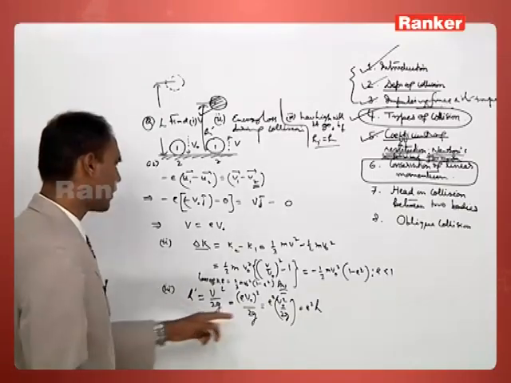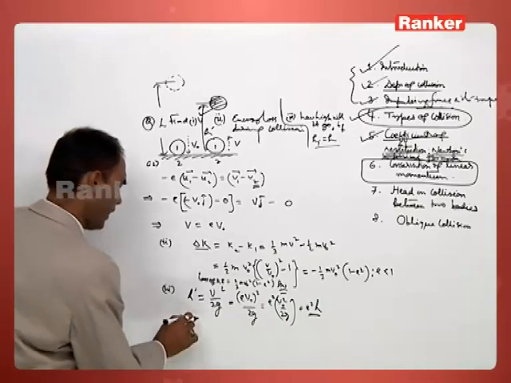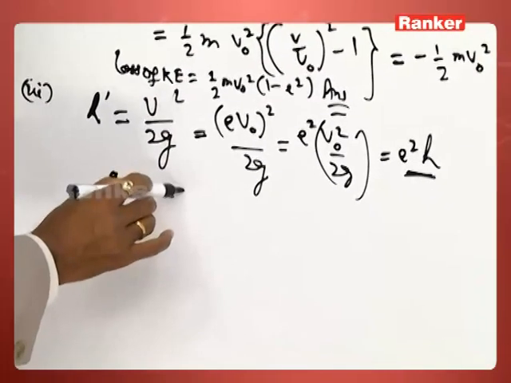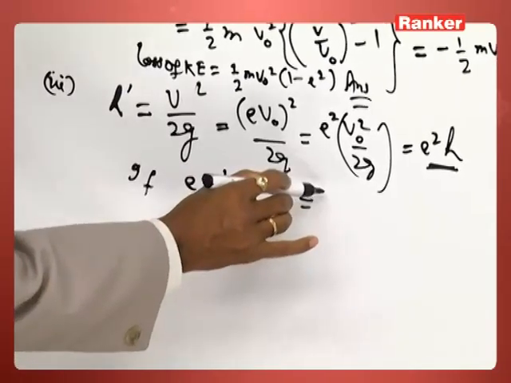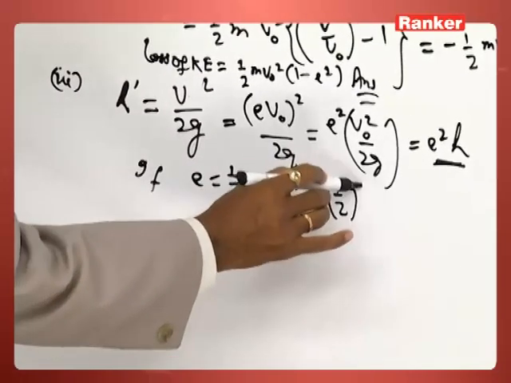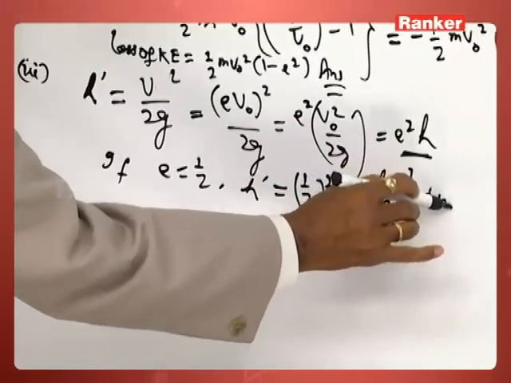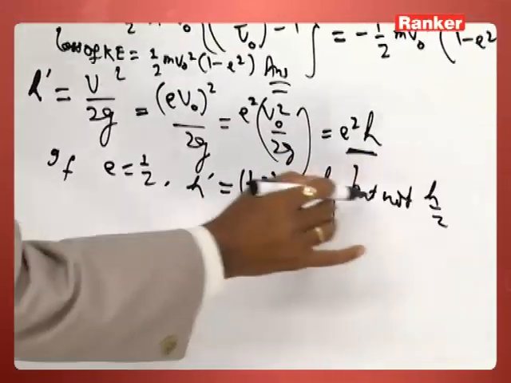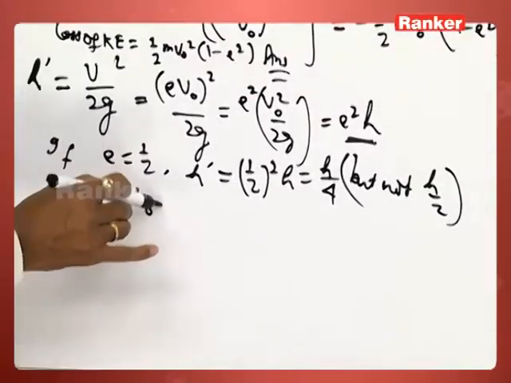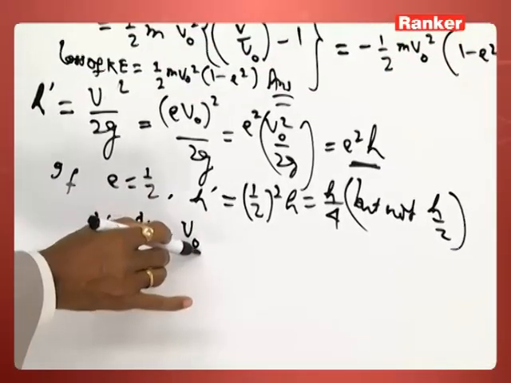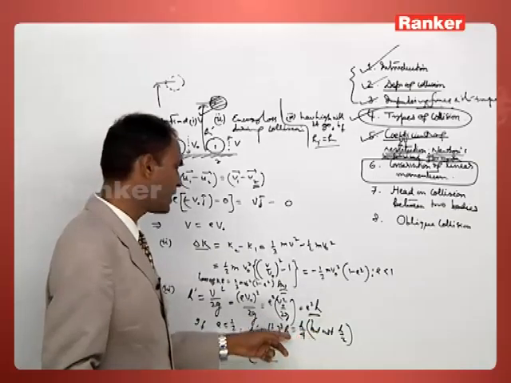So h dash equals e square into h. If we assume e equal to half, h dash is equal to half squared times h, which is h by 4, but not h by 2. v equals e into v naught, that's v naught by 2. But h dash is not h by 2, rather it is h by 4.